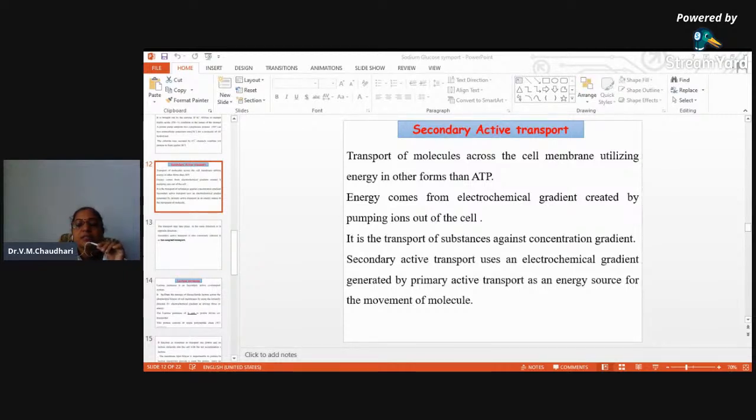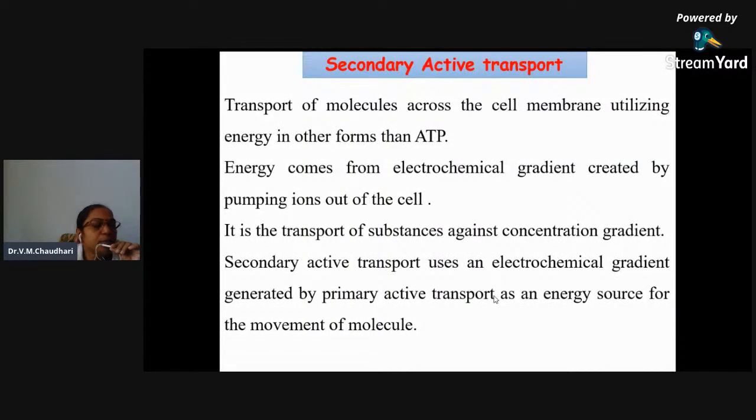In the last lecture, what we studied? Secondary active transport. What is secondary active transport? Transport of molecules across the cell membrane utilizing the energy other than ATP.